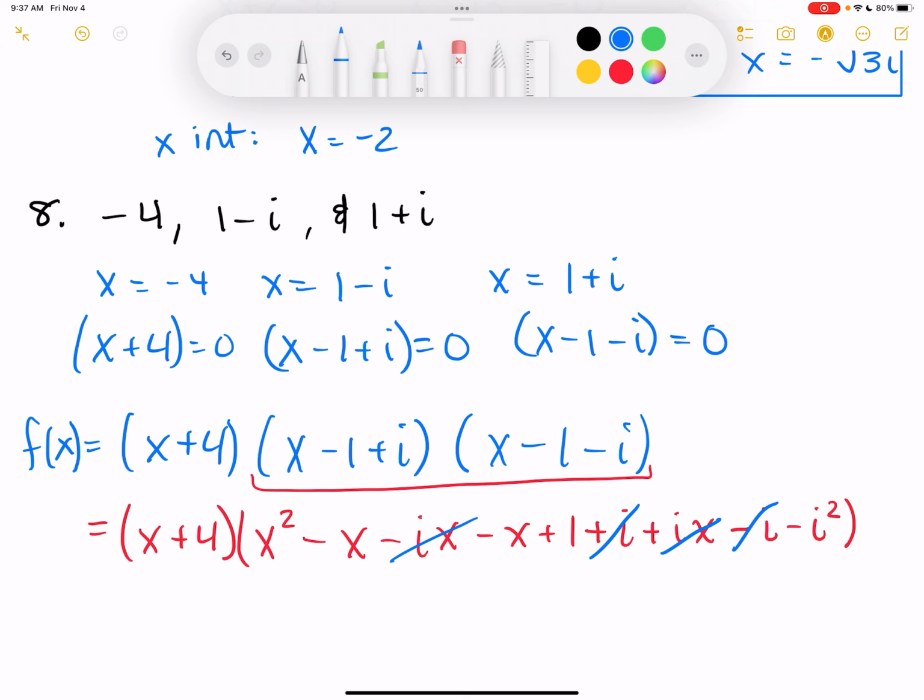I'm going to slash it the other direction so that I know that it's now plus 1. So then when I simplify it, I've got x plus 4 times x squared minus 2x plus 2.